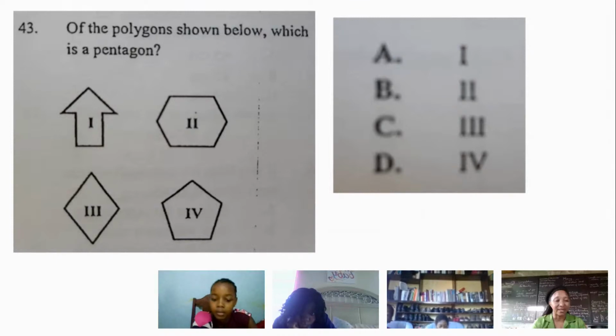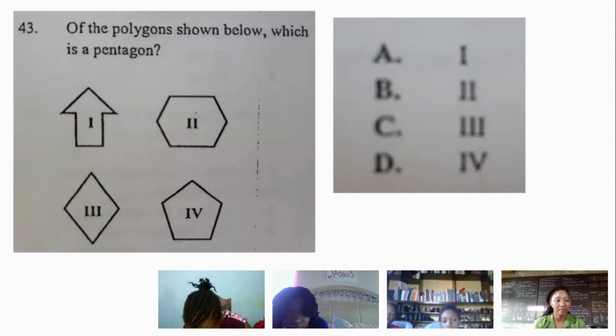Miss, a pentagon has 5. Miss, it's a shape and it has 5 corners, Miss, and 5 sides. Miss, you were saying the options. Okay, I know, but because they are shapes, it's going to be difficult. So just tell me the answer for this one, Amari. Miss, the answer would be B. Correct.